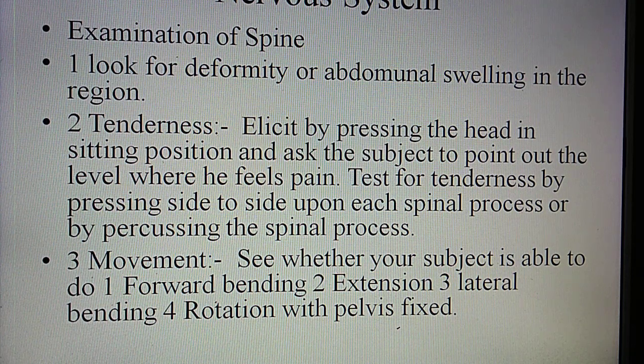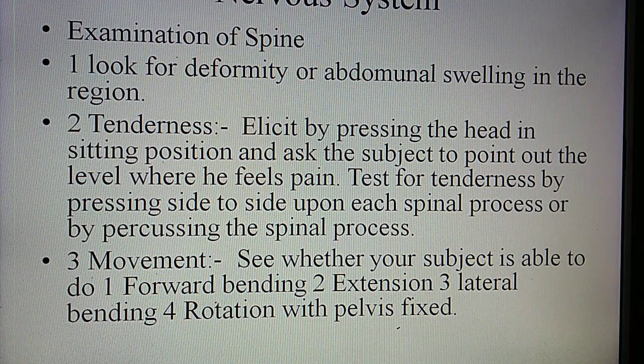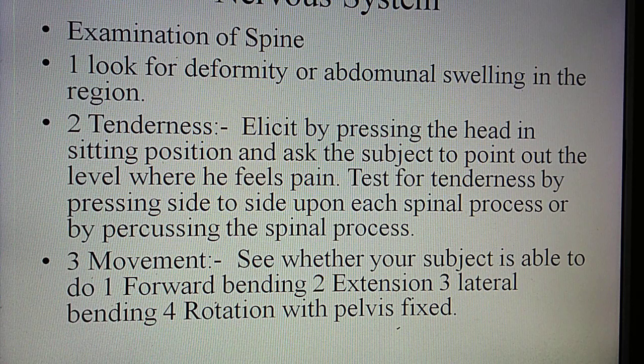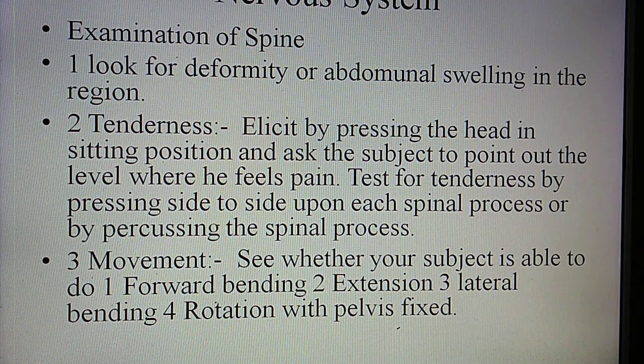Then you can check the movement. See whether your subject is able to do forward bending, extension, lateral bending, and rotation with the pelvis fixed. These are the methods to check the movement of the spine. These examinations, as we are studying today, are part of the examination of the nervous system, but they are also related to the examination of a joint.